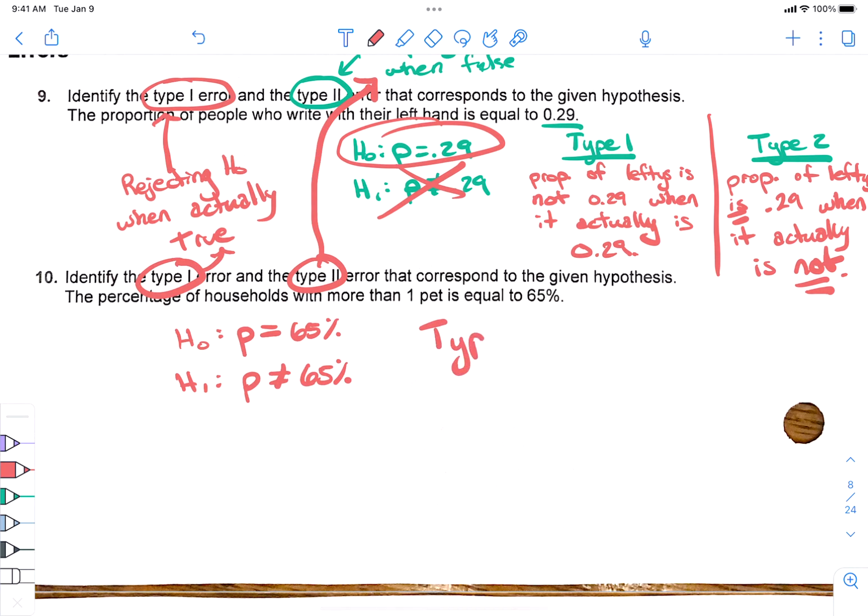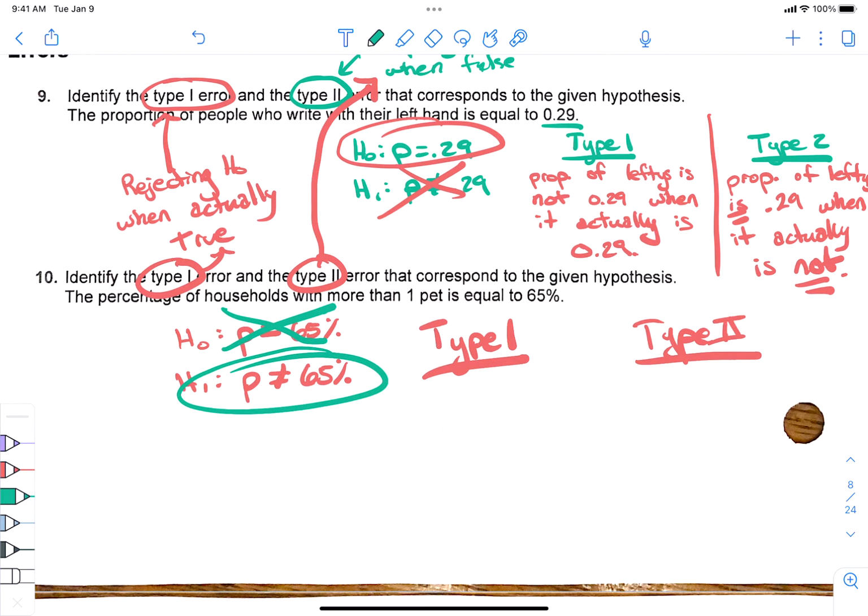Okay, then we'll go type 1 and type 2. All right. So, again in type 1, we say this and this, right? So what would that look like?